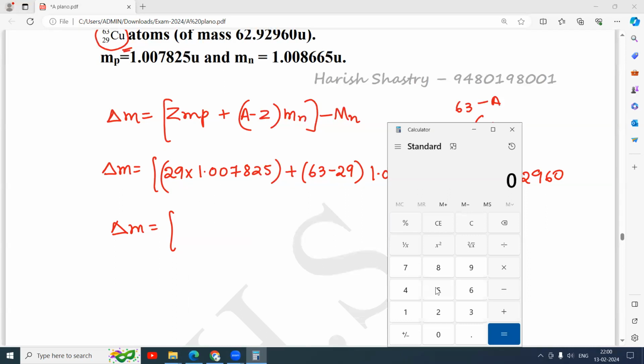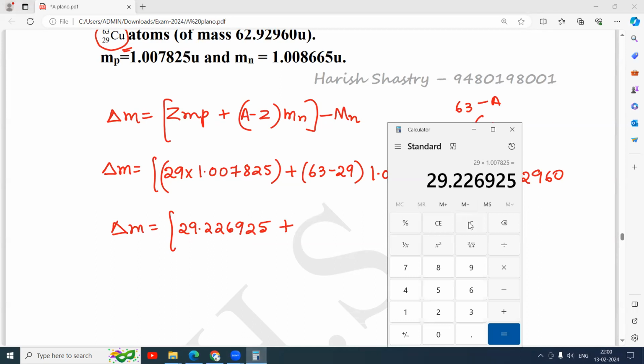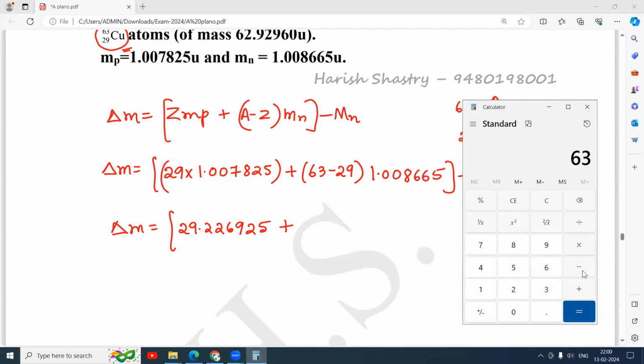Now, to calculate delta M, we'll use the calculator. 29 into 1.007825 comes to 29.226925. Then 63 minus 29, the number of neutrons, into 1.008665, the mass of each neutron, comes to 34.29461.